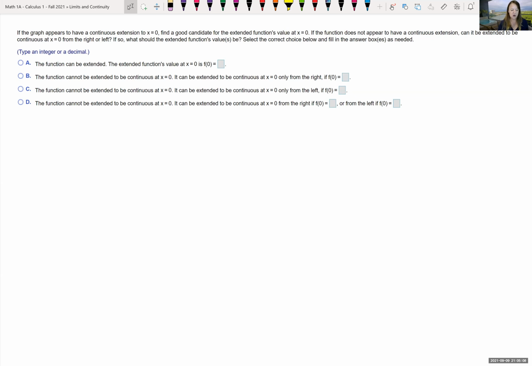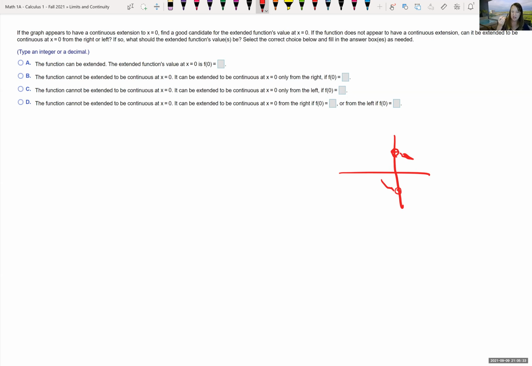Well, first of all, we saw that graph as we were coming in to 0, we were getting closer and closer to negative 1, right? But it was undefined there. The other way, as we're getting closer and closer to 0 on the right, we're getting closer and closer to 1.